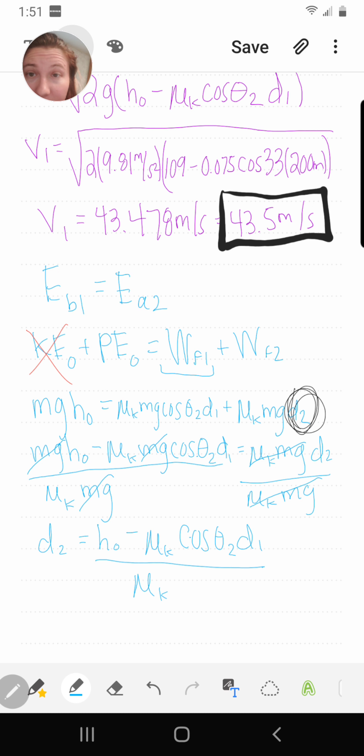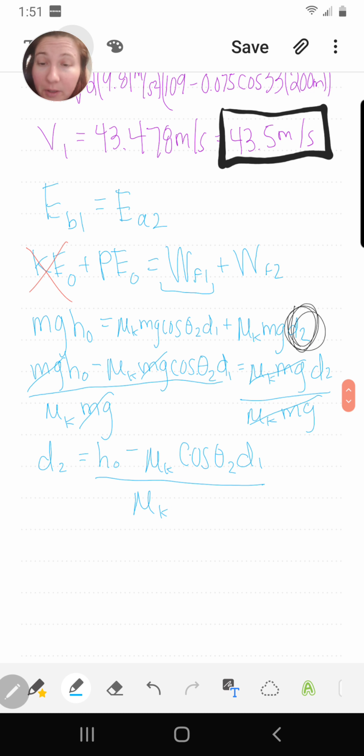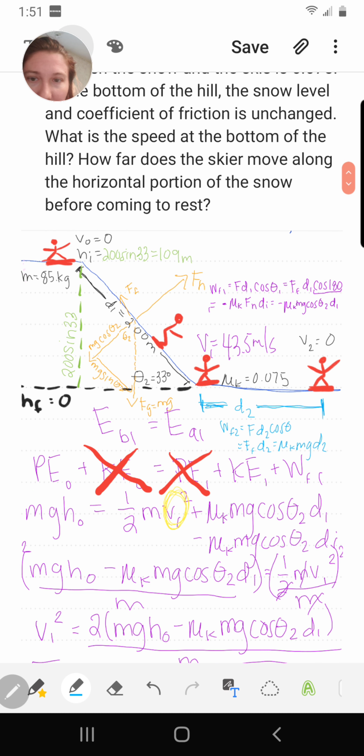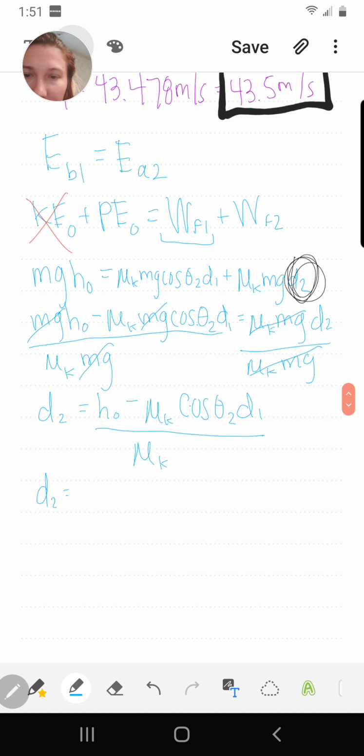Okay, so now that I solved for D2 symbolically, all we have to do is just plug in our numbers. So D2 equals our initial height, that is 109 meters, minus coefficient of friction, which is 0.075, times the cosine of theta 2, that's 33 degrees, times our first distance, and that's 200 meters.